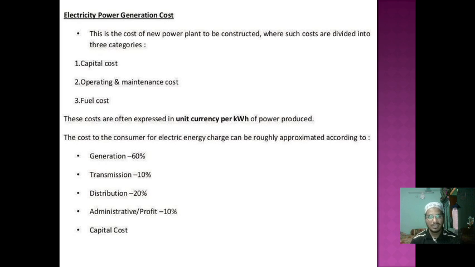So generally generation of power takes 60 percent, transmission 10 percent, distribution 20 percent, administration and profit 10 percent. So out of 100, 80% goes to the work only, and the remaining 10% goes to our profit, and the other 10% is for the capital cost.